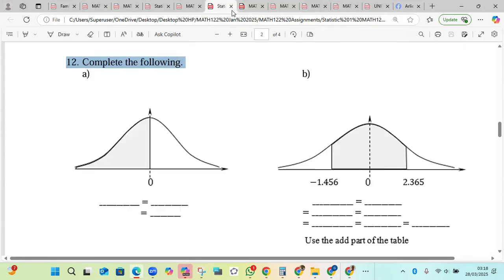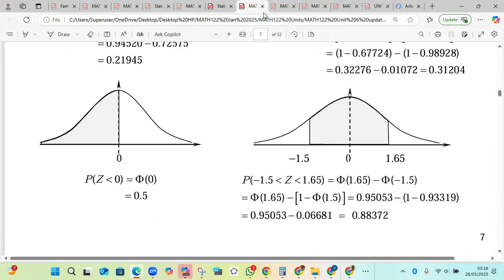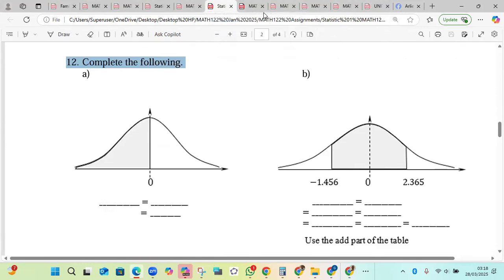Now the question says use the add part, because this is 3 decimal places. So what you need to do, you need to find phi of 2.365 and phi of 1.456, and subtract phi of 1.456 from 1 to get this tail right here. Then subtract it from phi of 2.365.